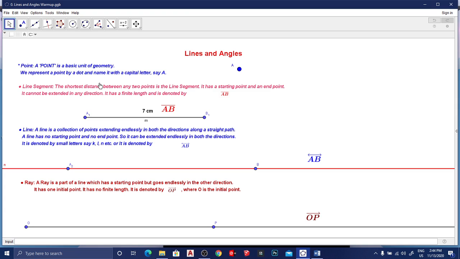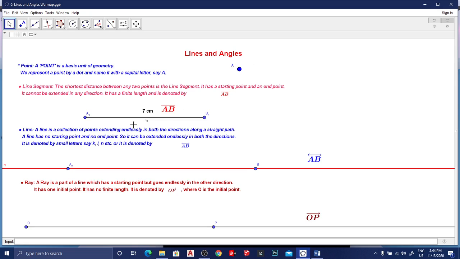Generally any point is represented by a dot, and we will name it with a capital letter like A, B, P, Q. Any capital letter we will denote if it is a point. This is a point A.